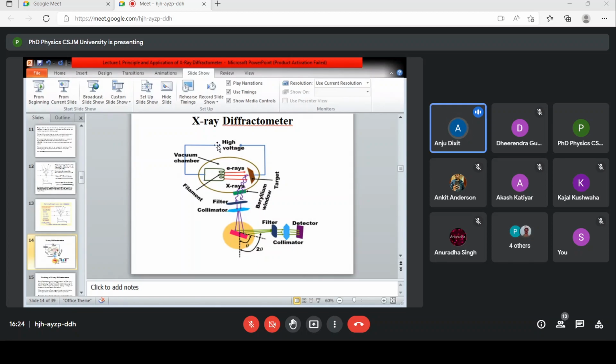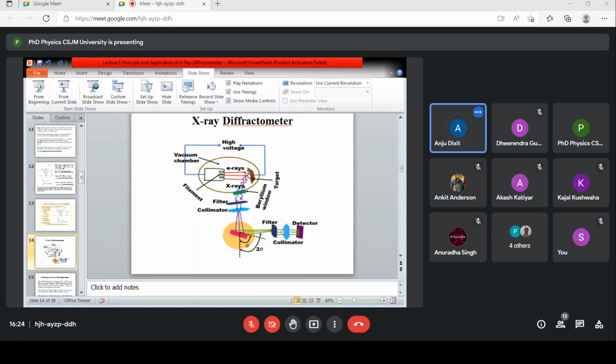You can see that the cathode ray tube is there, under vacuum, in a vacuum chamber, and high voltage is applied here. In the cathode tube, this red one is the tungsten target.